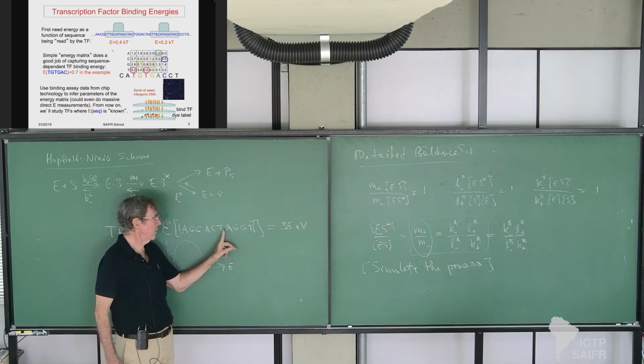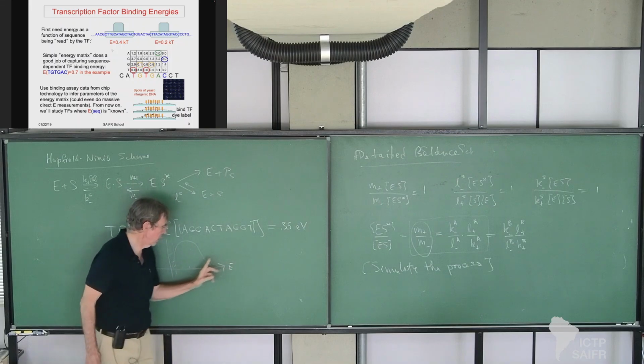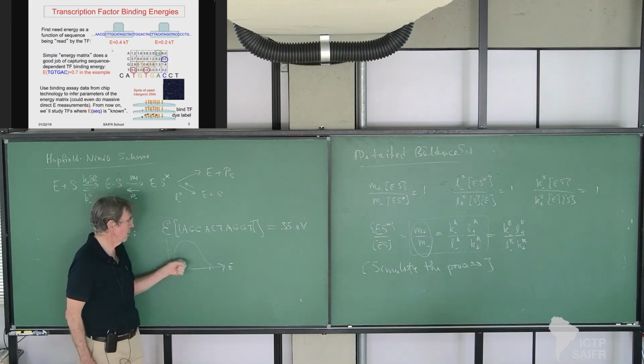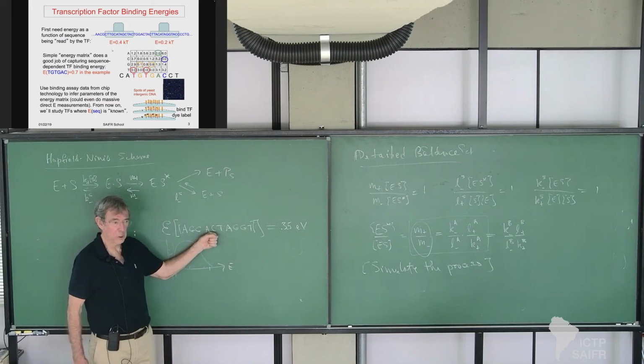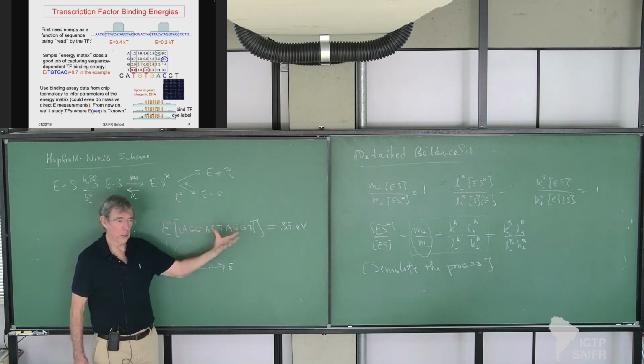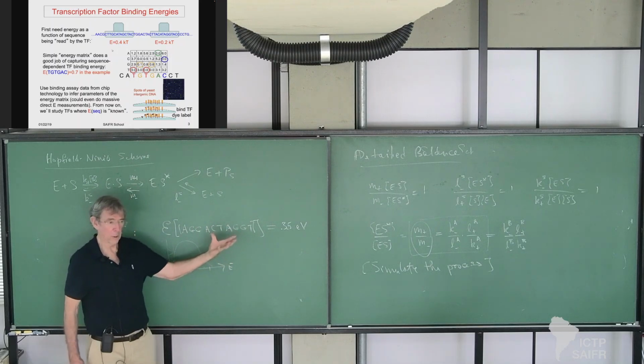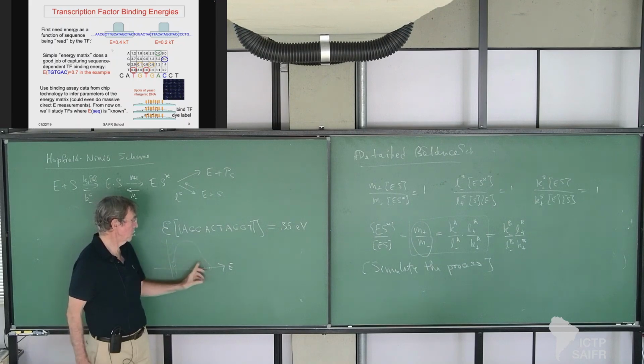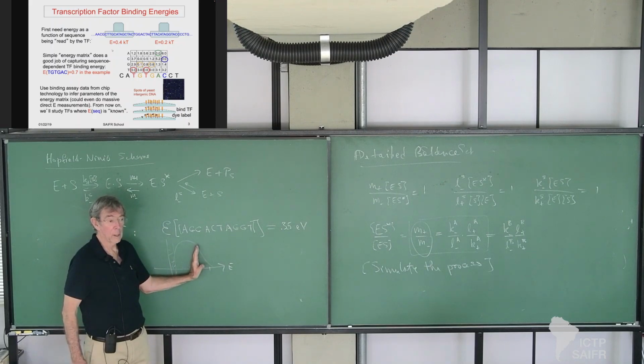Presumably the changes that either enhance or at least don't decrease the binding energy are going to be acceptable to the organism, and changes that cause the binding energy to get weaker are presumably not going to be acceptable to the organism.